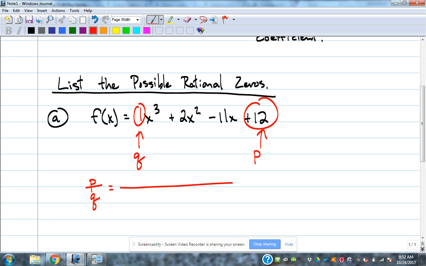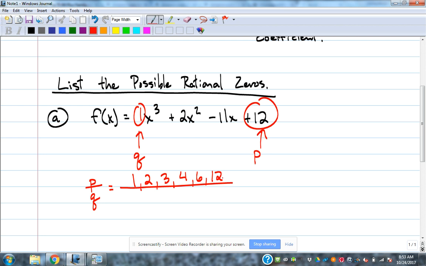Okay, so things that go into 12, 1 obviously. That's what's going to be on there every time, right? And then what else? 2, 3 goes into 12, 4 goes into 12, 6, and don't forget 12 goes into itself. We have all the factors of 12 on top.